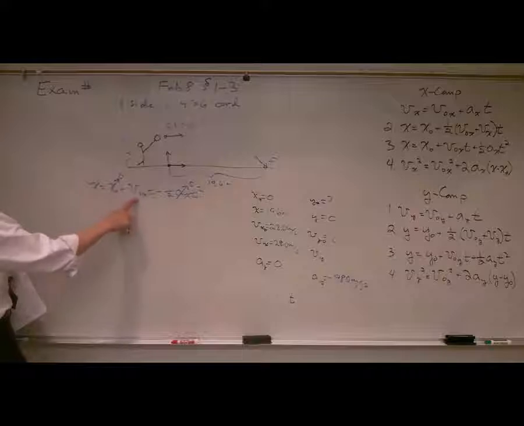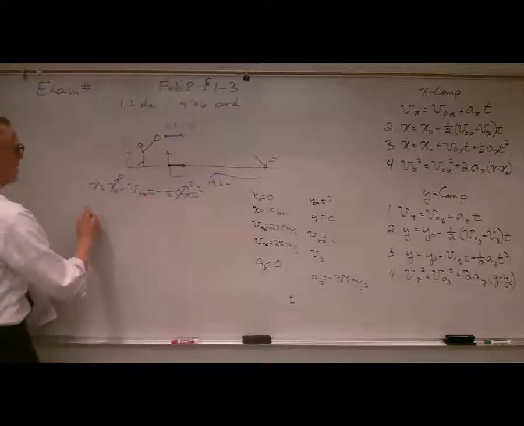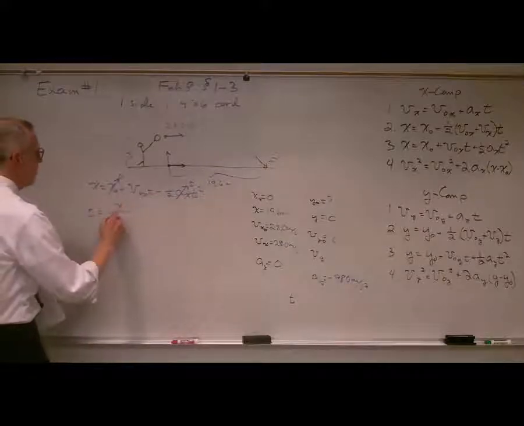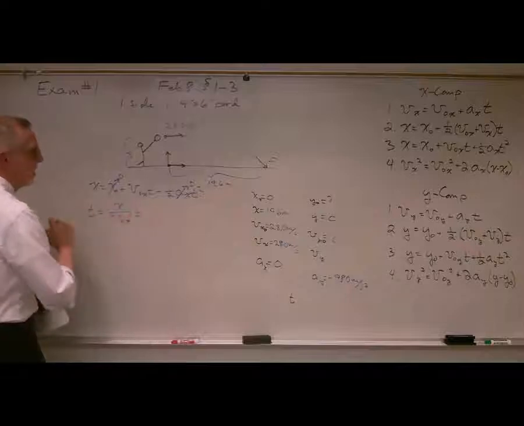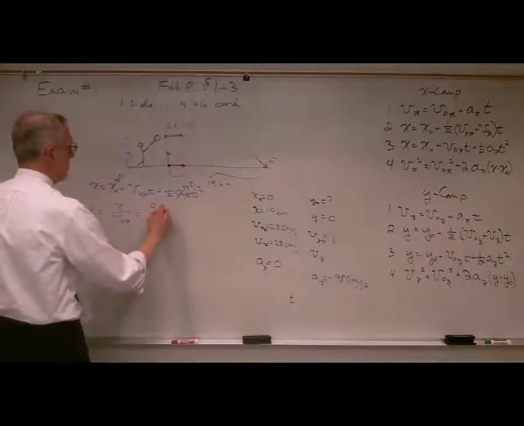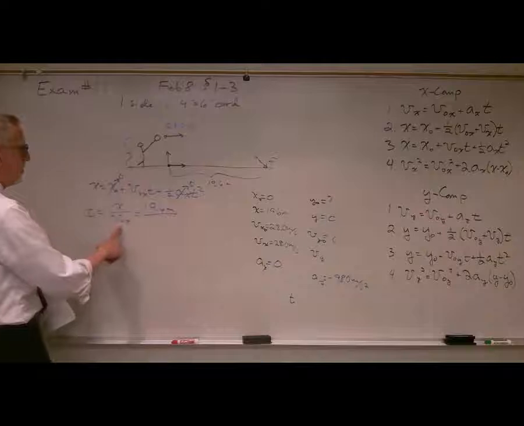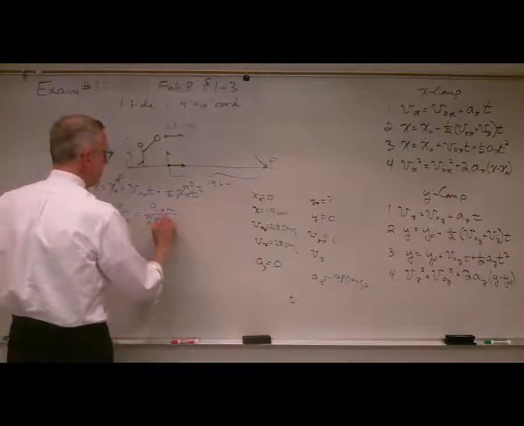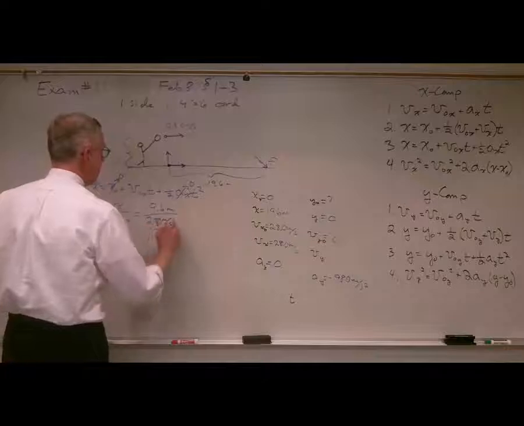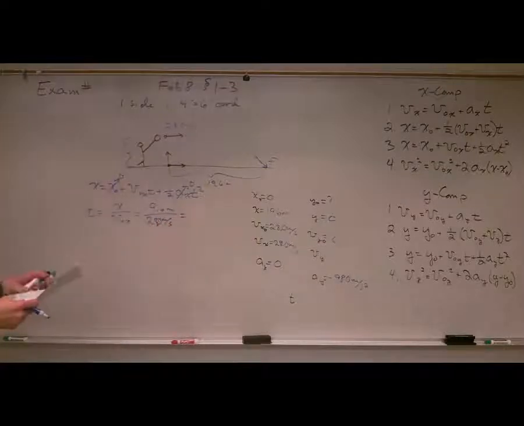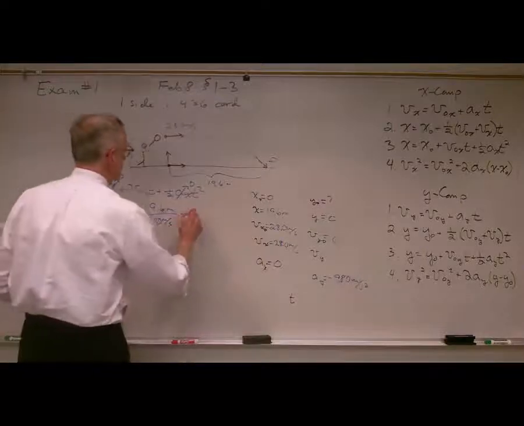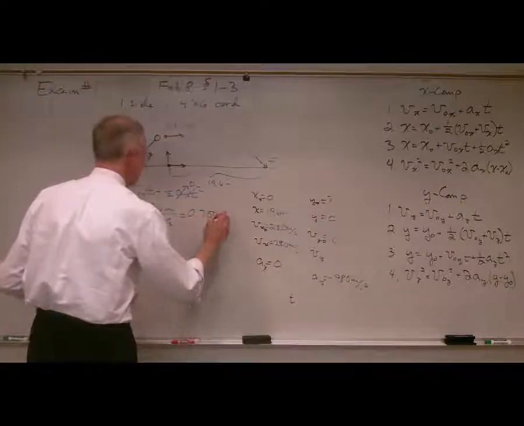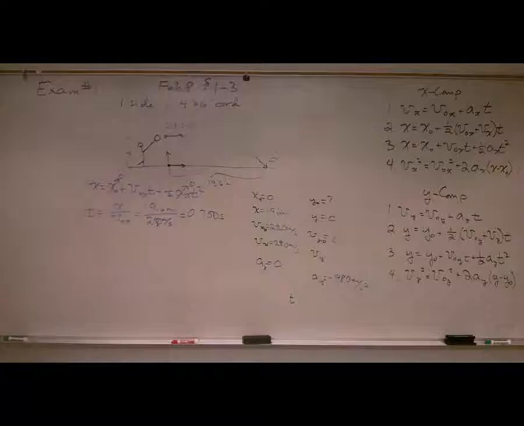So we have x equals V naught x t, or t equals x over V naught x. x is 19.6 meters divided by V naught x, 28.0 meters per second. Divide that out, and we find that t is equal to 0.700 seconds. Now we go to the y motion.